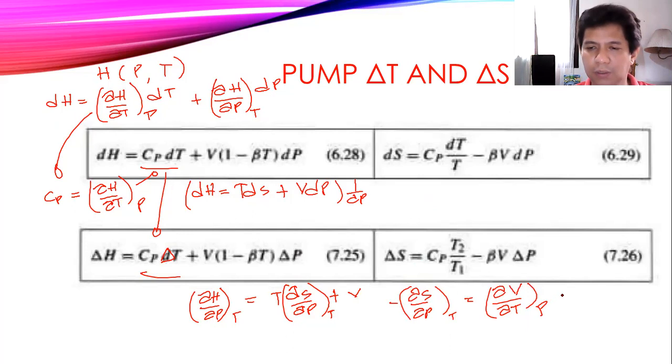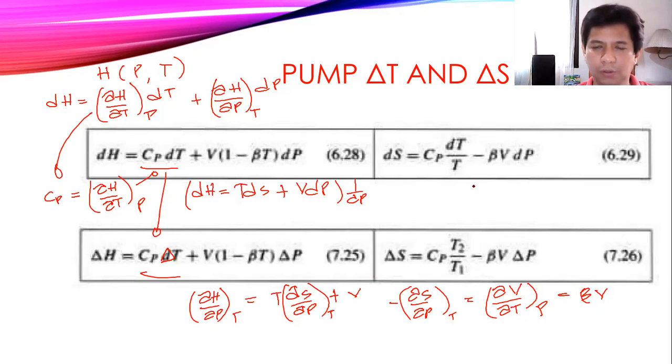And also this is equal to beta, volume expansivity, times molar volume, kaya naman ay specific volume, di ba? So palitan lang natin ng beta V yung dito. This is negative, kasi may negative doon.